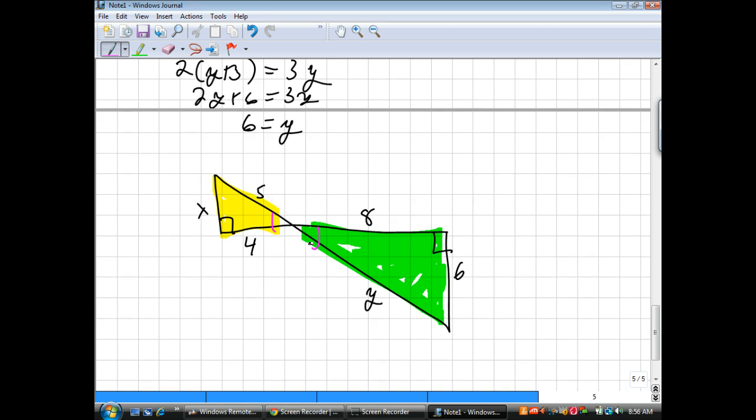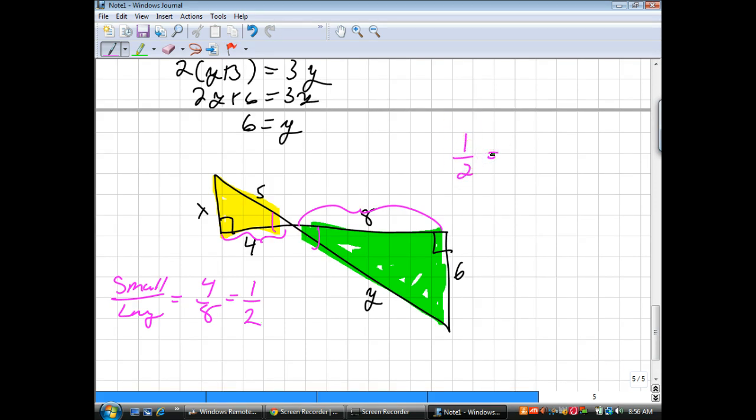Then I need to line up corresponding sides. So this side corresponds to this side. So if I again do small to large, I have 4 to 8 or 1/2. Okay, so my scale factor is 1/2.